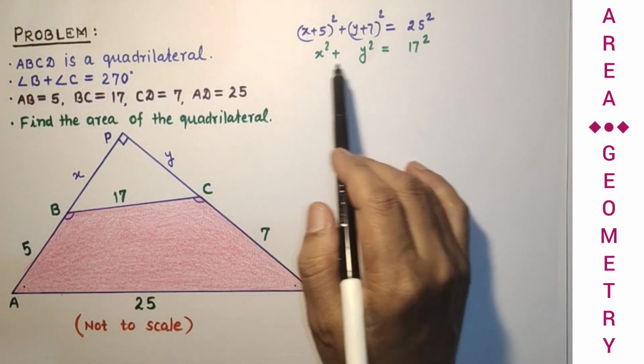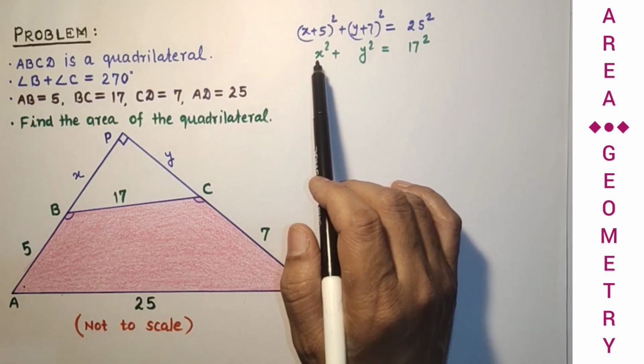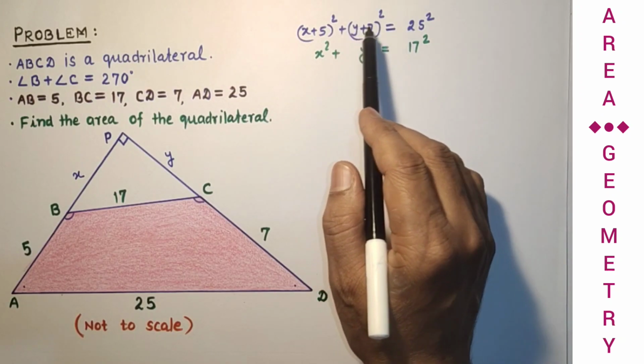If we subtract this one from this, x plus 5 the whole square is x square plus 10x plus 25 minus x square, and y square plus 7 square plus 14y minus y square.